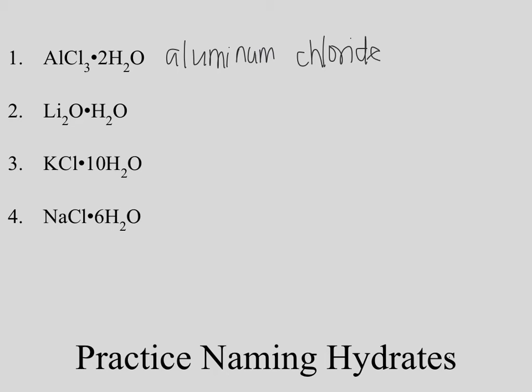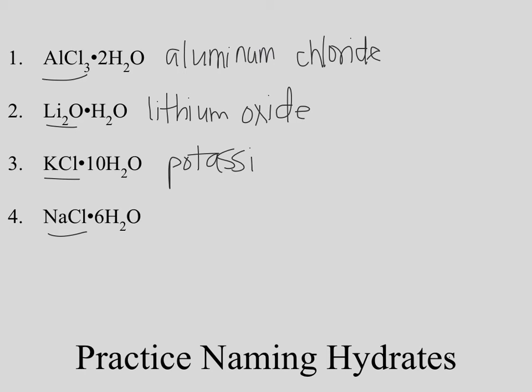I'm going to go ahead and name all of my ionic compounds before I name the hydrate part. The next ionic compound is lithium oxide. Then we have potassium chloride, and then sodium chloride.